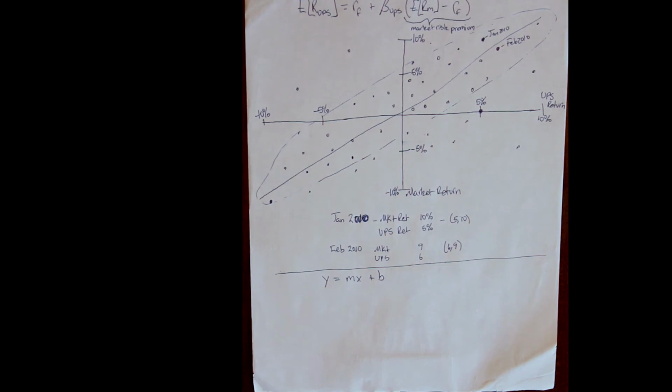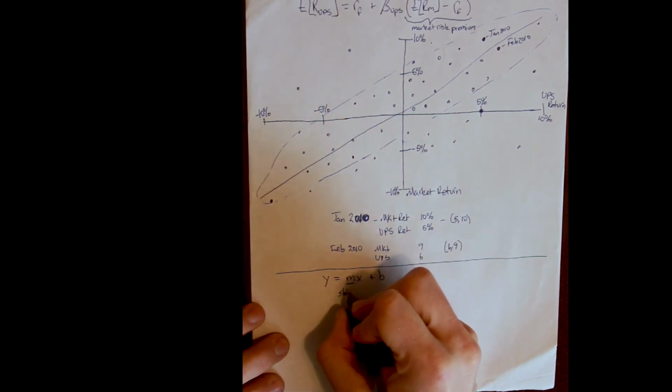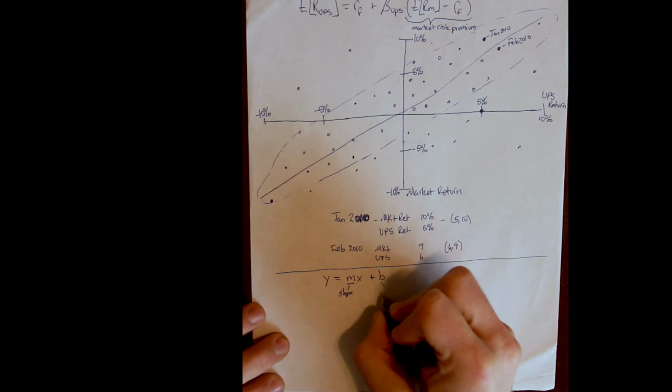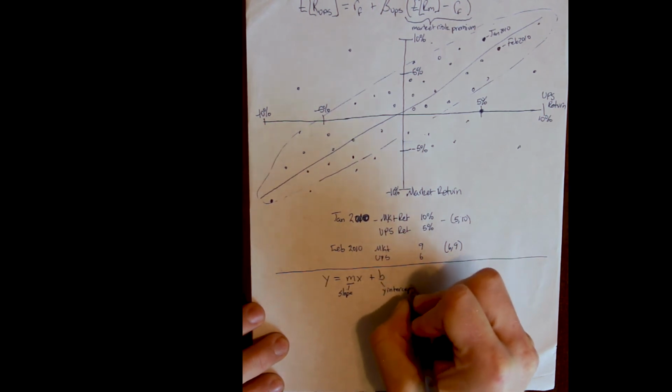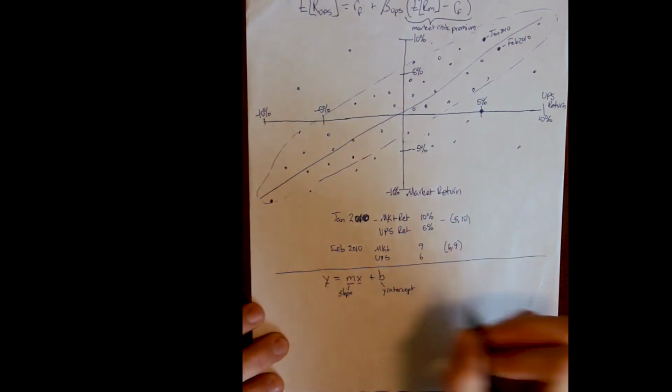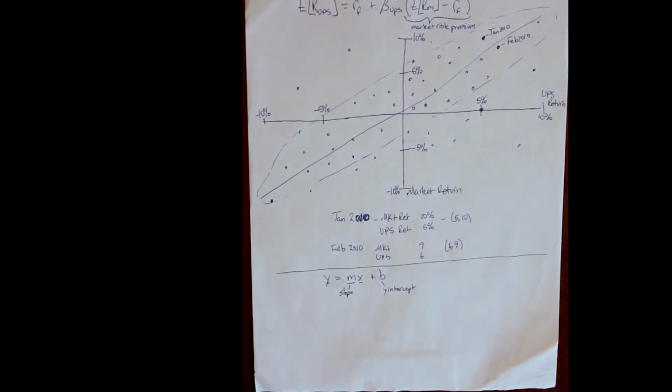This is the formula for a line. Y equals mx plus b, where m is the slope of the line, b is the y-intercept of the line, and then x and y are a series of x and y coordinates describing the points on the line.